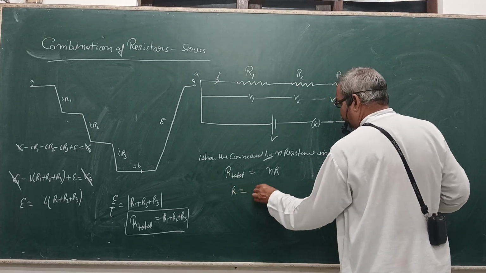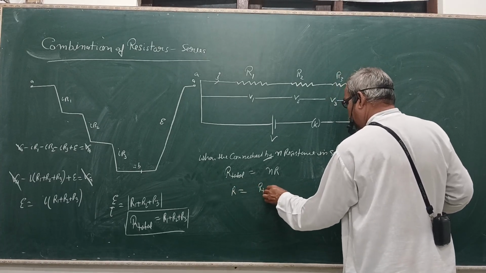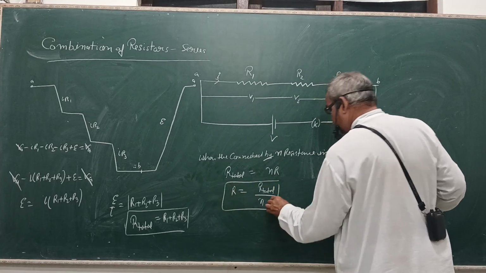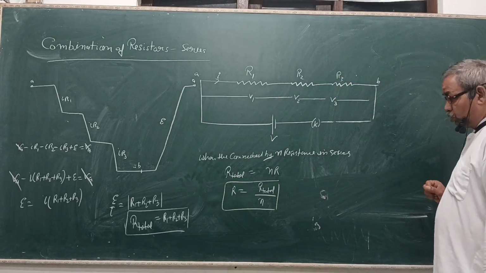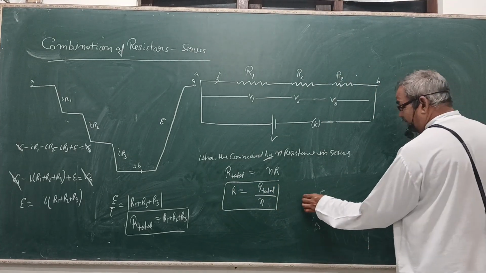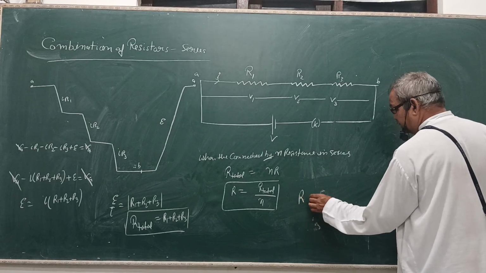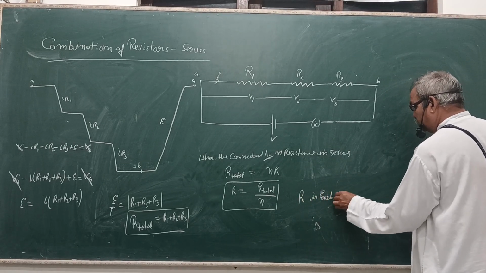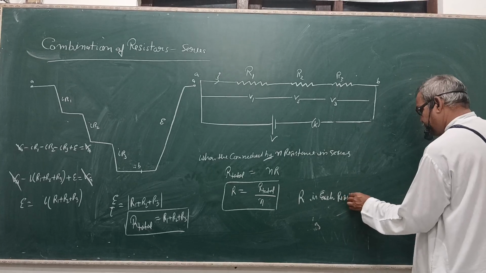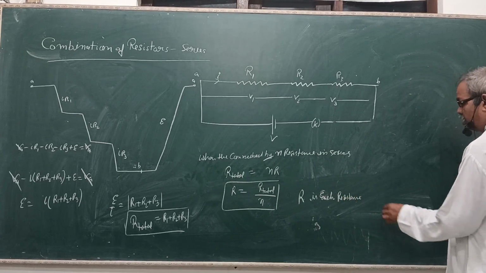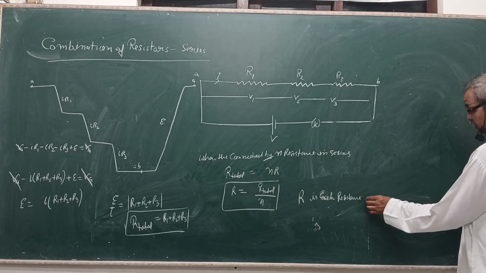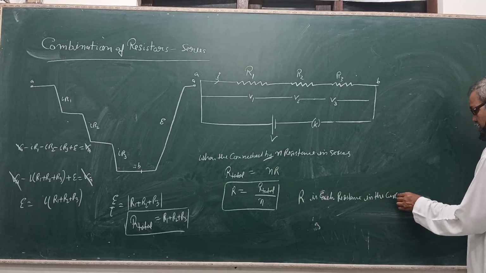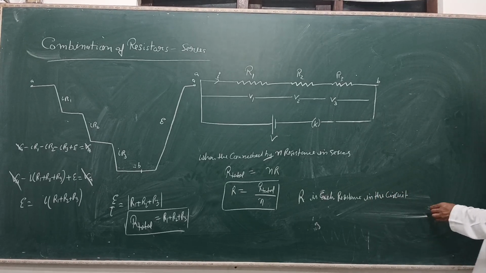Each resistance is defined as R total upon N: R is equal to R total upon N, where R is each resistance in the circuit.